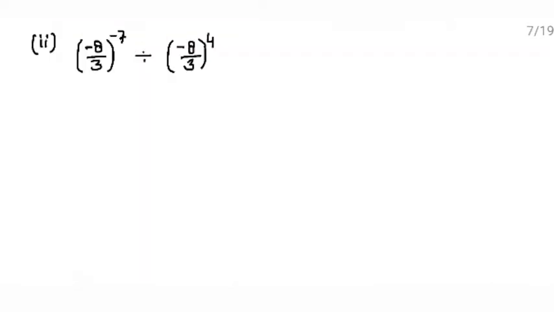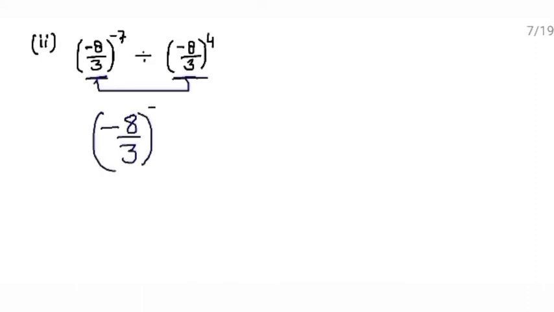Next is minus 8 upon 3 raised to the power minus 7 divided by minus 8 upon 3 raised to the power 4. Clear, the bases are same. So write the base only once, minus 8 upon 3. We are dividing them, so the powers will be subtracted.